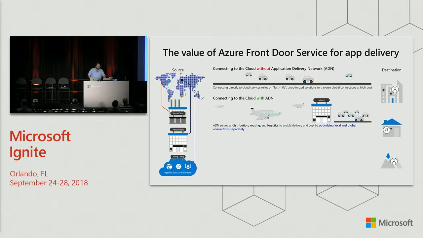The difference when you move to something like an application delivery network like Front Door is that you get to split the problem into two pieces. The shorter distance, you have to deal with those more complex congestion control issues that the client, which we can't necessarily fix. It might be a device issue, might be their network, might be something in the way, might be everyone's watching Monday Night Football and therefore they're congesting just the general internet.